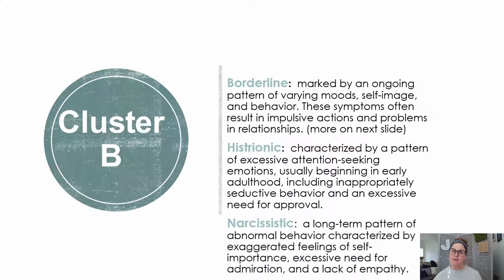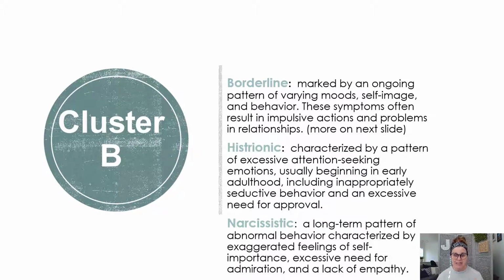And then the third one that falls in here, and another one you're probably familiar with, is the narcissist, or the narcissistic personality. All of these personality disorders in cluster B are being watched and developed over a long period of time. We all have moments where we display some of these different types of personality characteristics.